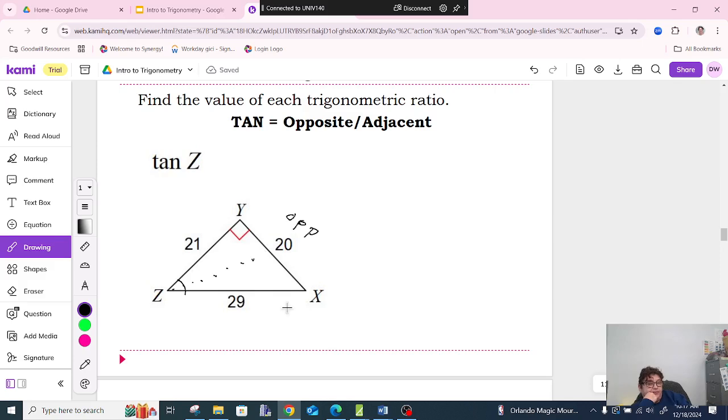Where's hypotenuse? 29. And what am I going to put as adjacent? Now I make my fraction. Tangent is opposite over adjacent. So what's opposite? What's adjacent? And again, I can't reduce that fraction.